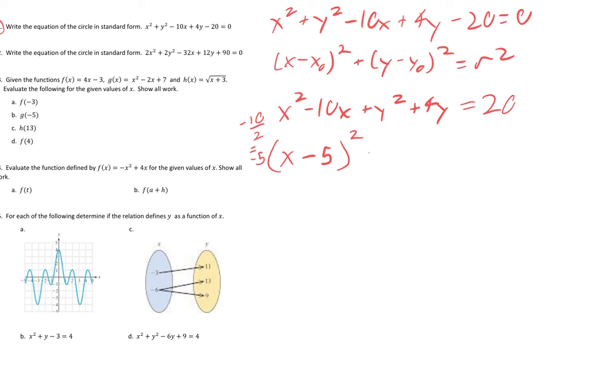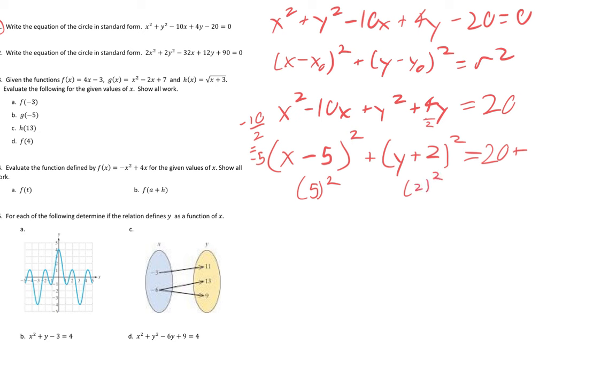And then over here we're going to have plus y squared, right? So we have our 4 there. What we're going to do is divide that by 2 to give us what we need here. So plus 2.